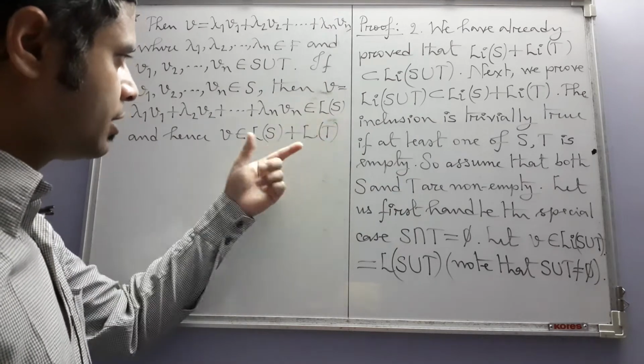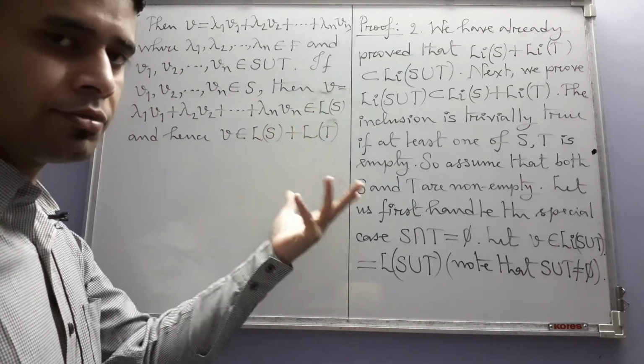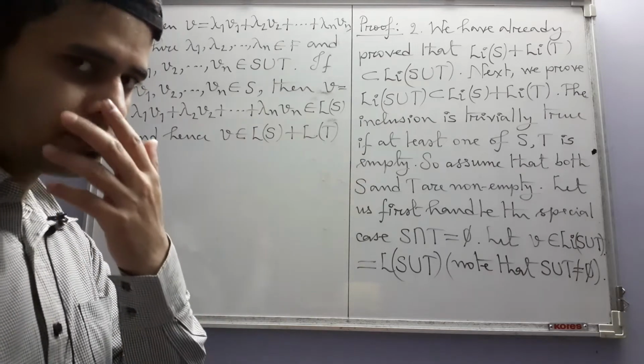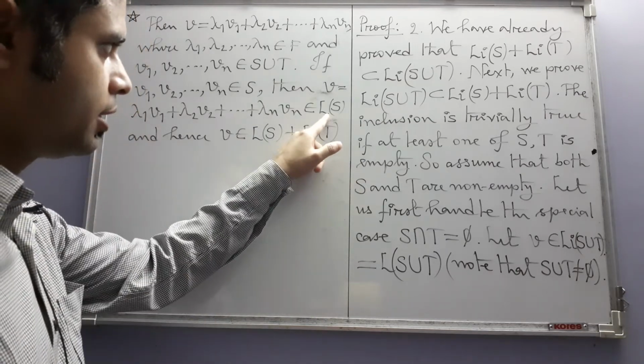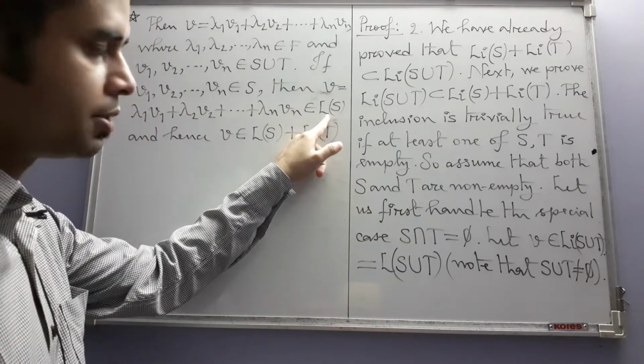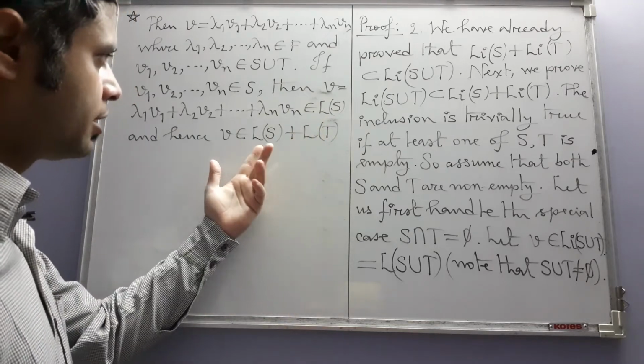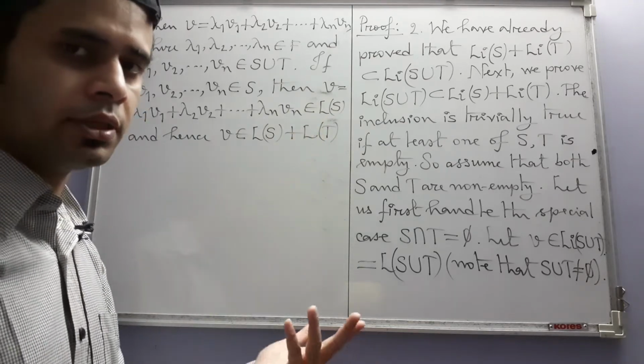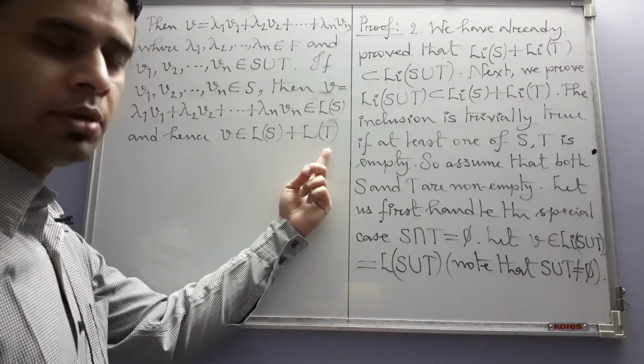Because L of S is itself contained in L of S plus L of T. To see that, you consider any element in this subspace. You can write that element as that element plus 0, the 0 vector, and that 0 vector belongs to L of T.